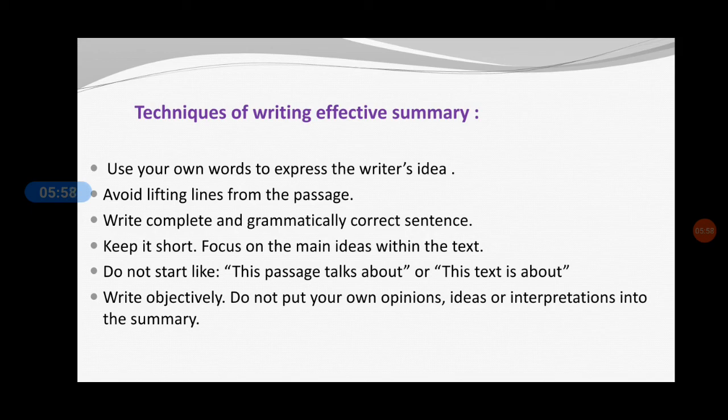First thing, use your own words to express the writer's idea. Summary is your writing, so you are writing in your own way, but you are writing the writer's idea. So you have to write in your own words to express the writer's idea about the passage.